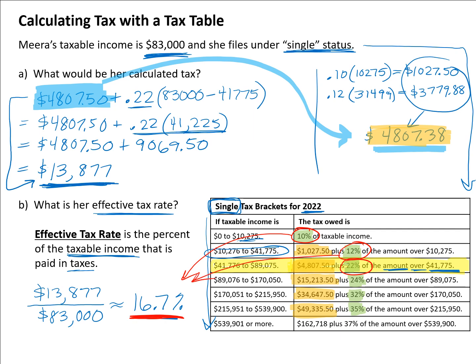This 16.7% is basically a weighted average of what percentage she's paying overall. So if you think about a way to average this 10%, 12%, and 22%, that's what we mean by effective tax rate. Effectively, she's paying 16.7% of her taxable income in taxes.